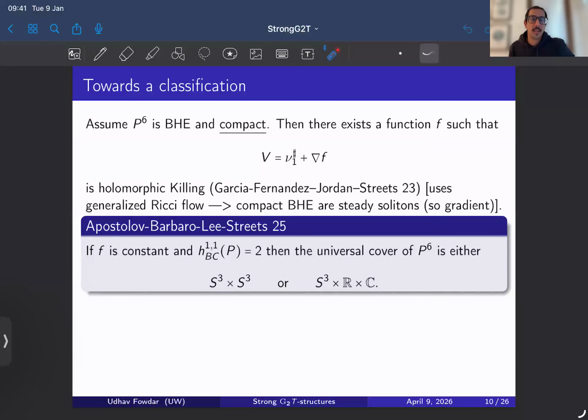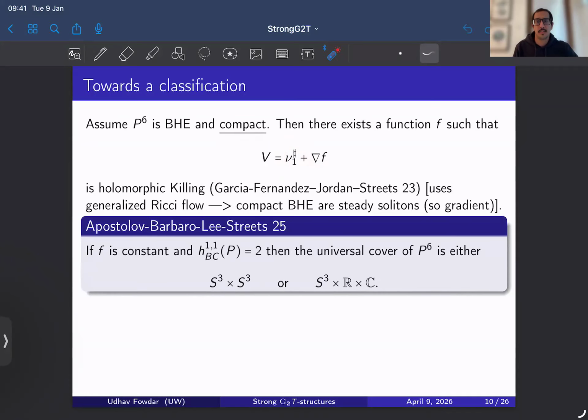Typically one would like to classify such objects, and we don't quite have a classification yet unless some extra condition holds. For instance, there's this result due to Apostolov, Barbaro, Lee and Streets that says that if the manifold is Bismut-Hermitian-Einstein and compact, then the Lee form is in fact holomorphic Killing up to the addition of some gradient function.